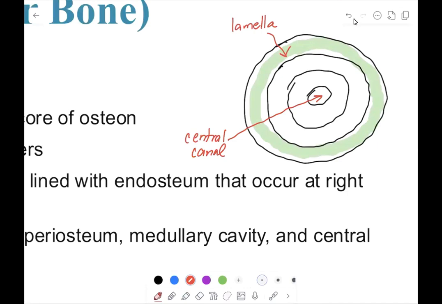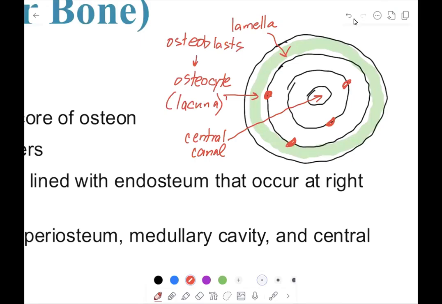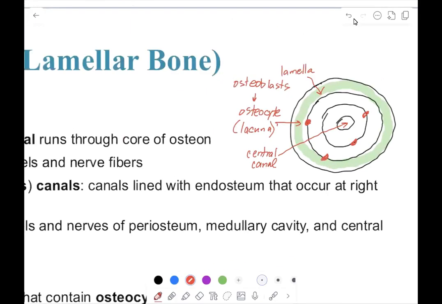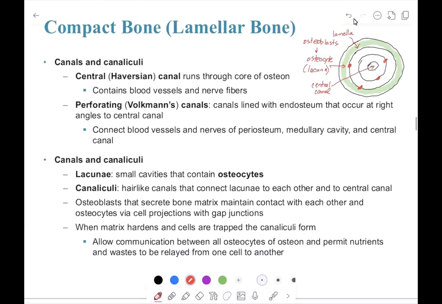And then between each of the lamella are these little cavities, which you all should know by now are lacuna. And the osteocyte is the mature bone cell, which is going to be located in the lacuna. So remember that the osteoblasts can develop into osteocytes. So that's basically one osteon that's shown as that dartboard.